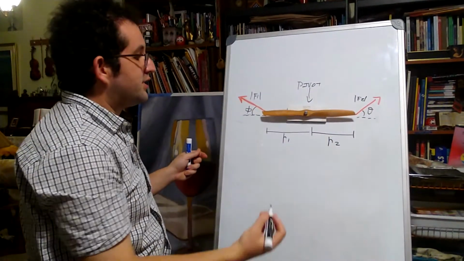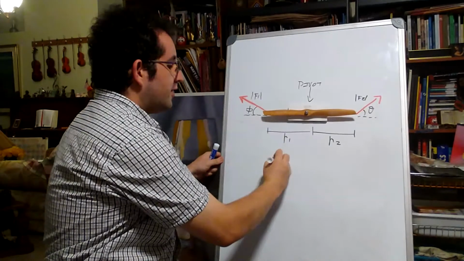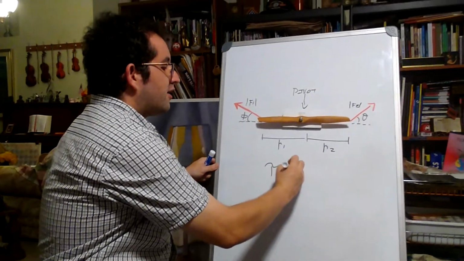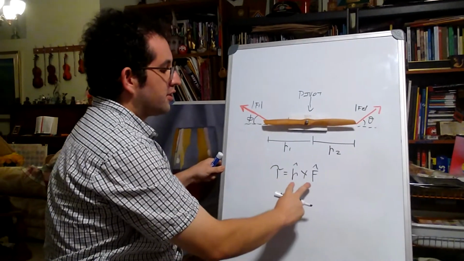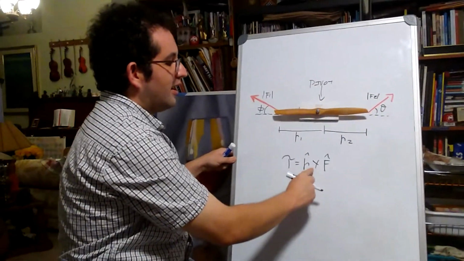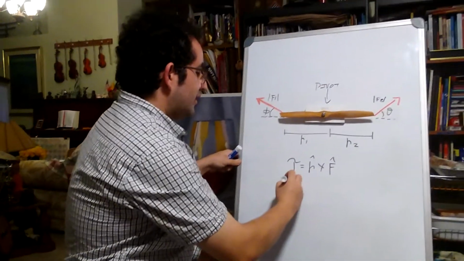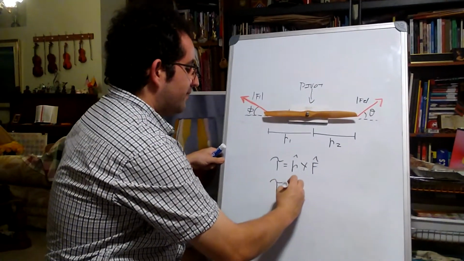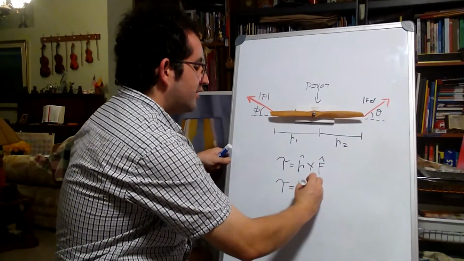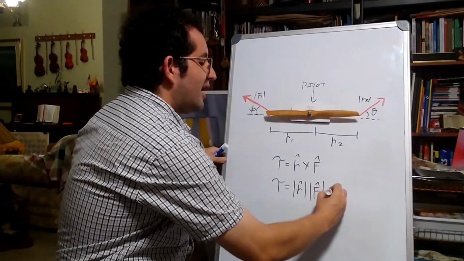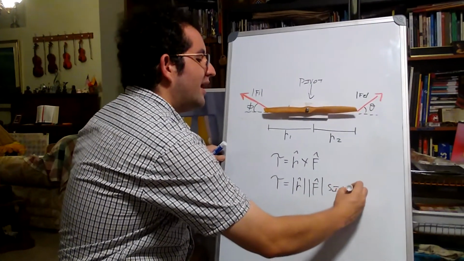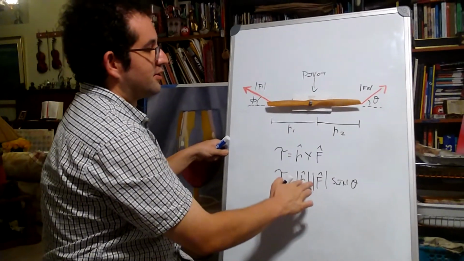We know by definition that the torque is R cross F. It is the cross product between the vector R and the vector F. Or also the magnitude of R times the magnitude of F times the sine of the angle between both vectors.